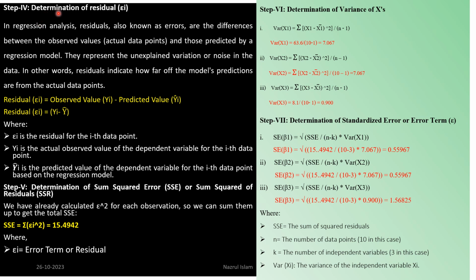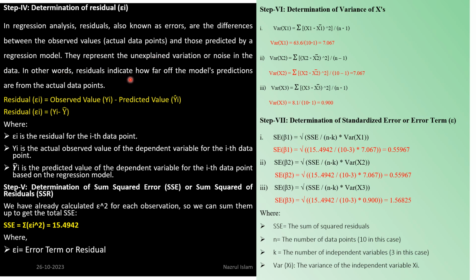Step 4 is the determination of the residual, that is epsilon i. In regression analysis, residuals, also known as errors, are the differences between the observed values of y, that is actual data points, and those predicted by a regression model. They represent the unexplained variation or noise in the data.